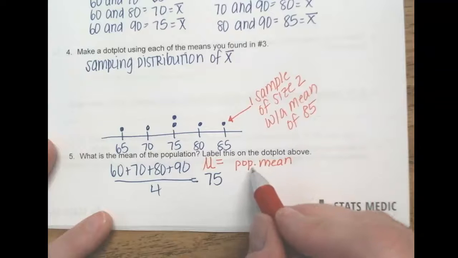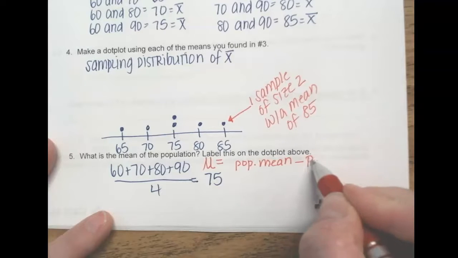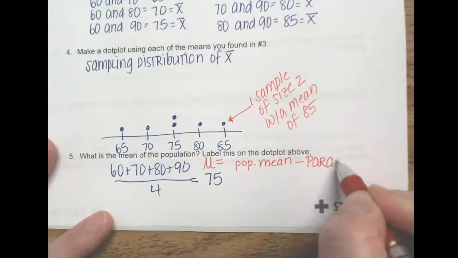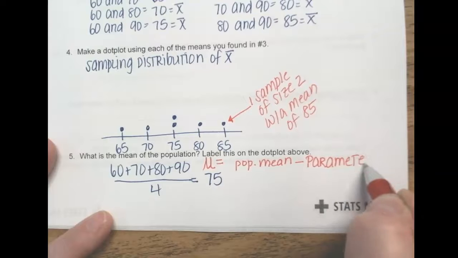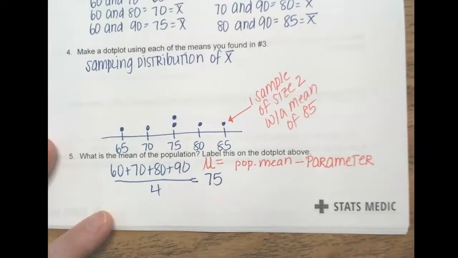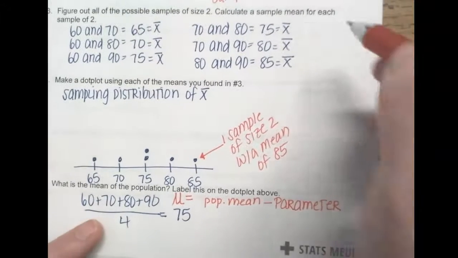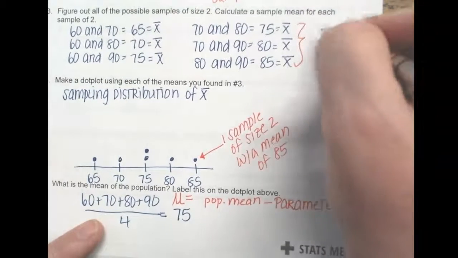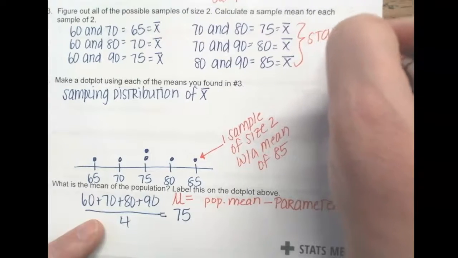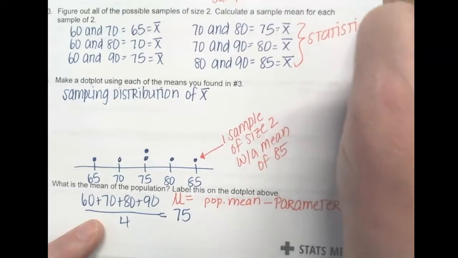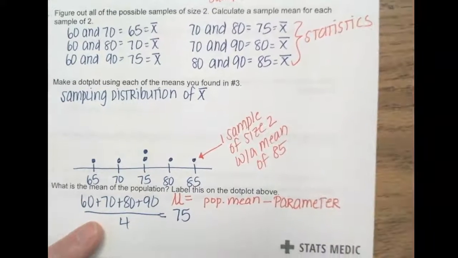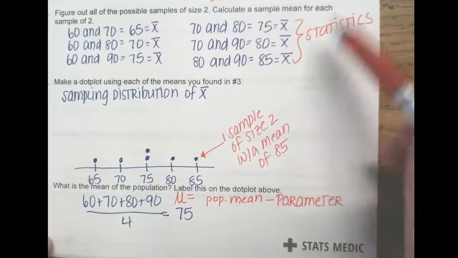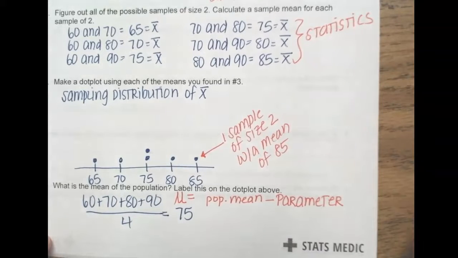Anytime you're talking about the population, that number is a parameter. But if you're talking about samples, the numbers are called statistics. So a parameter refers to a population and a statistic refers to your sample.